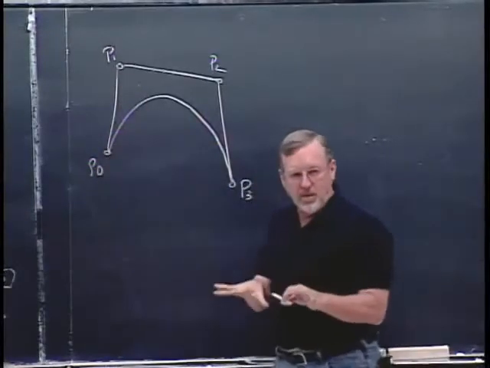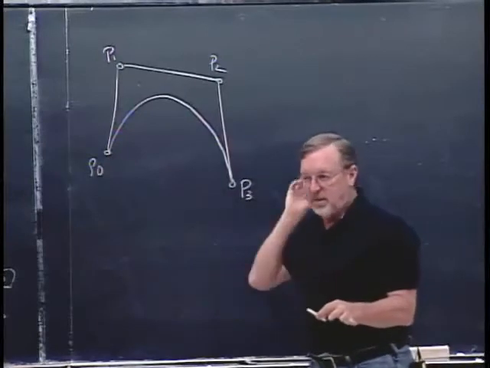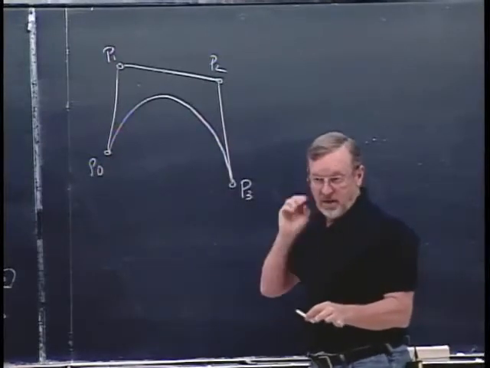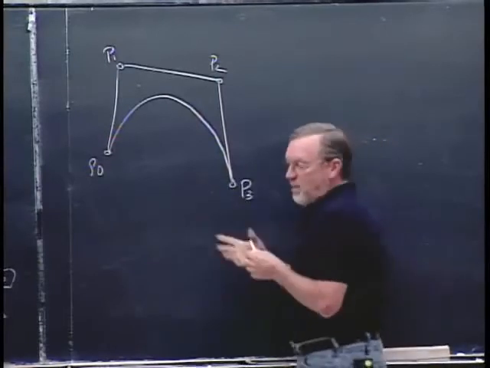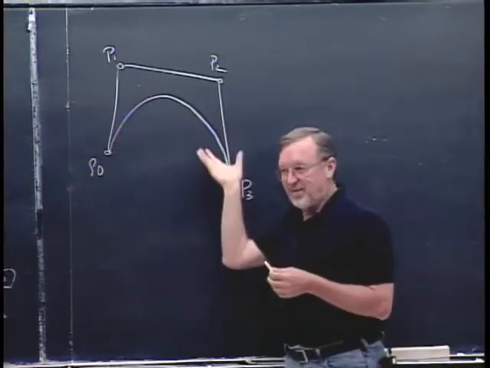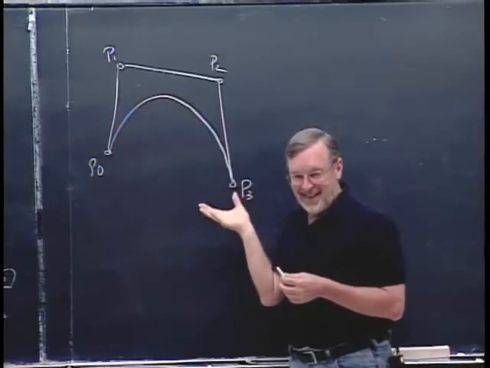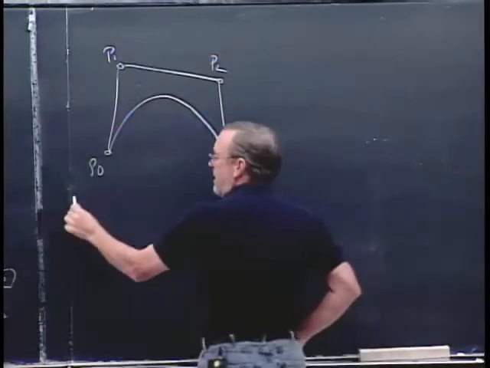So we kind of know how tangent lines work with Bezier curves. They work pretty well in general. And if you remember, we could actually write down the equation of this puppy, right? And it was actually pretty easy to do.